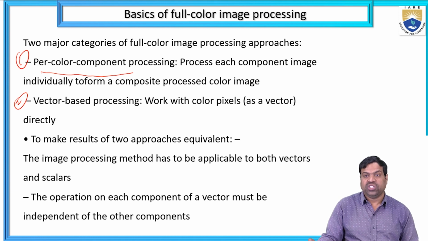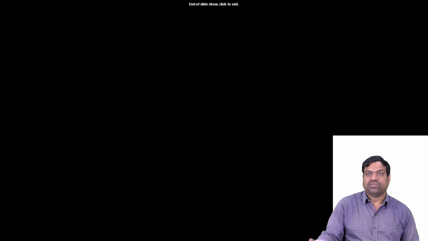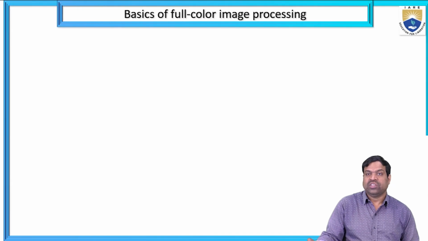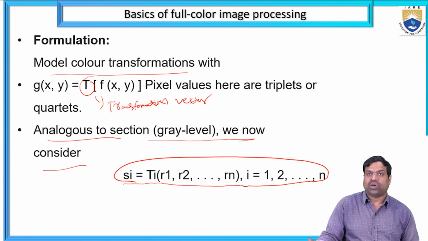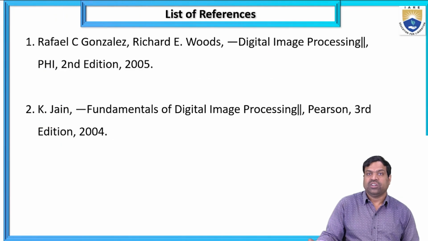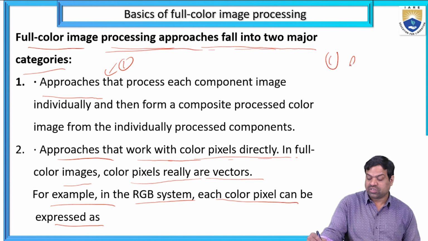The operation on each component of a vector must be independent of the other components. So this is about the basics of color image processing. In the color image, what we discussed is majorly two types, two categories, two approaches. So first approach and second approach.